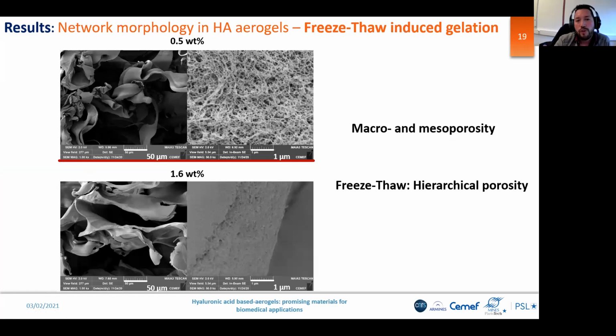Then if we move to the second methodology, the freeze-thaw-induced gelation, in that case we observe the formation of the mesoporosity, confirming the formation of the aerogel, but this methodology also generates a dual porosity. It means that we also have macroporosity, big pores. This also means that the freeze-thaw methodology generates a hierarchical porosity, which is related to the freezing steps.